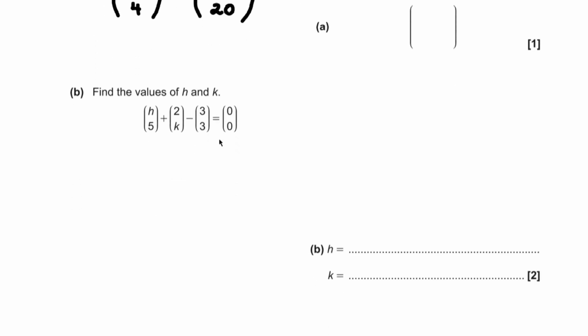Part B. We have to find the value of H and K. Well, I've got the vector H, 5 plus 2K, subtract the vector 3, 3, equals 0, 0. So what we'll do is we'll deal with the top row first. I've got H plus 2 subtract 3 equals 0.